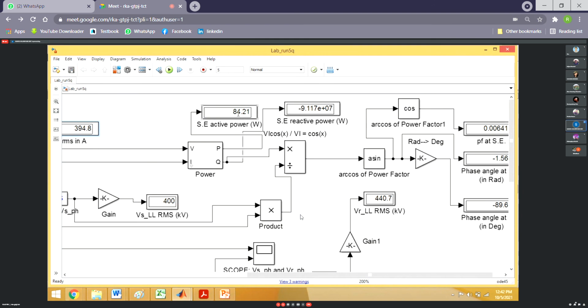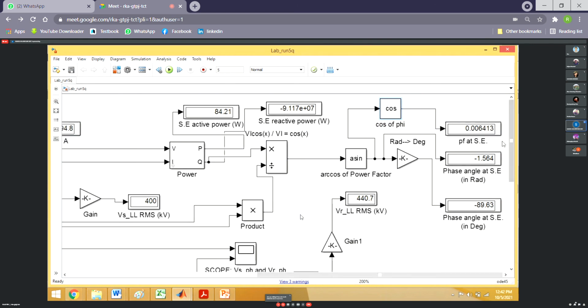Sending end active power is 84.21, whereas reactive power is minus 9.177 10 to the power 7. I hope you have copied the sending end active power and reactive power.